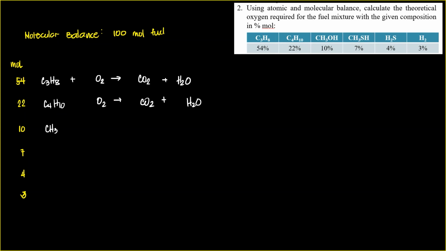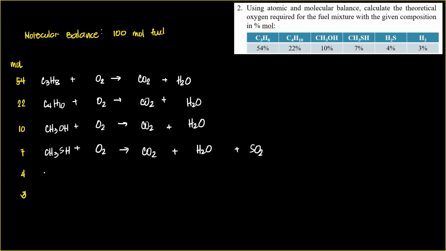This is CH3OH reacts with oxygen to form CO2 and water vapor again. 7% of CH3SH reacting with O2, CO2 plus H2O plus SO2, 4% of H2S, again reacting with oxygen to form H2O plus SO2, and lastly H2, reacting with O2 to form H2O. So let's balance here.